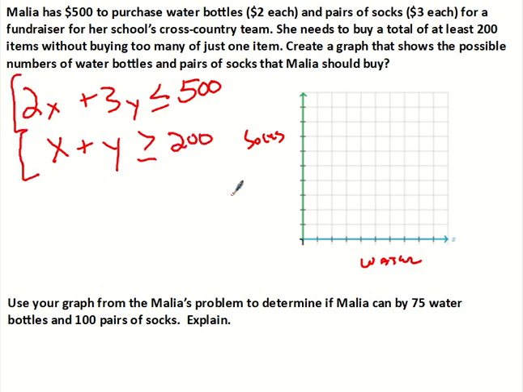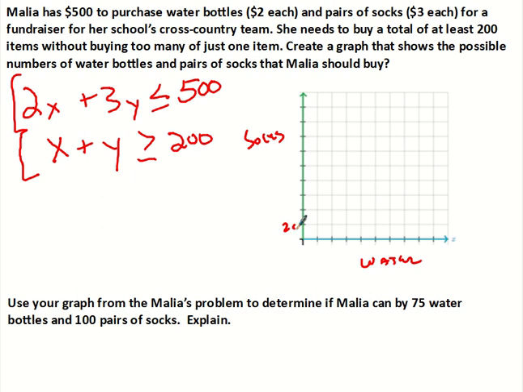Here's my system. So what I'm going to do is I need to graph this system onto this coordinate plane. I would graph it by finding the intercepts. And when I graph it by finding the intercepts, I'm going to create my plane because I know my x and y intercept are both going to be 200 for this one. So I think I'm going to count by 20s.